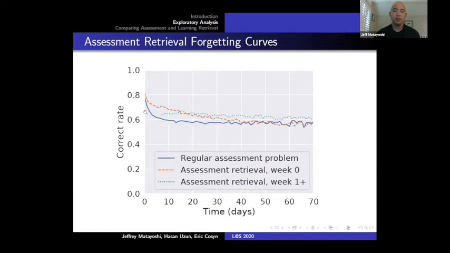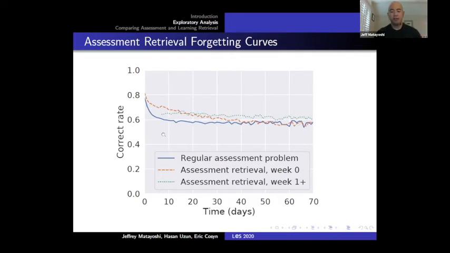This is the answer rate when they get the problem as a regular assessment problem on the progress assessment. You can see it starts high: if they learn the item on day 0 and then get assessed on it really quickly, they answer at almost an 80% rate. Then it quickly falls off and stabilizes just below 0.6.